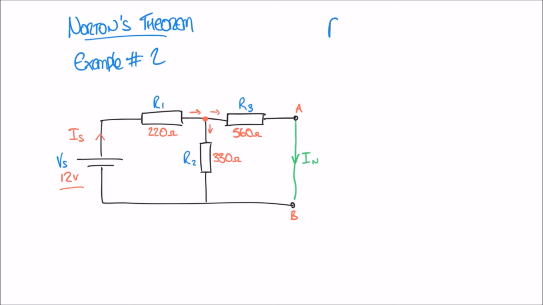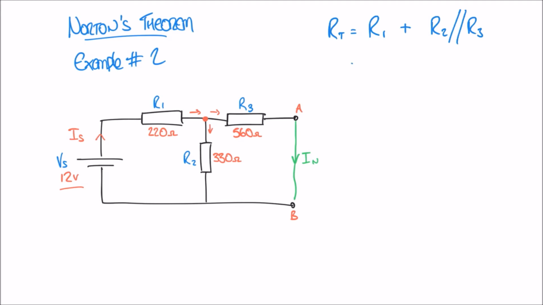We can say that RT we can express as R1 plus R2 in parallel with R3. Now, again, like I said in the previous video, this double slash is my shorthand for parallel resistors. If you're not sure how to work out resistors in parallel, then I suggest you go back to the video where we cover that topic.